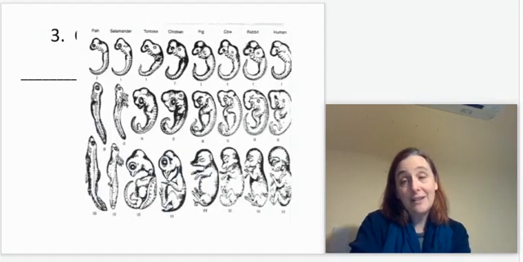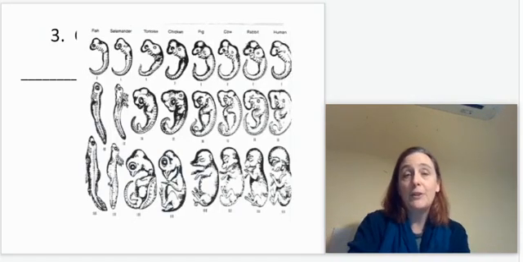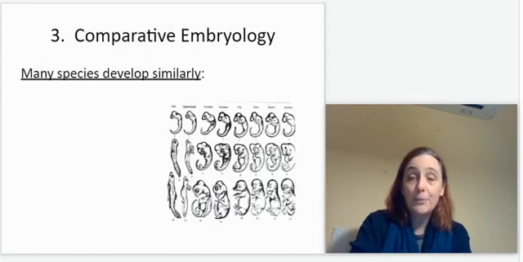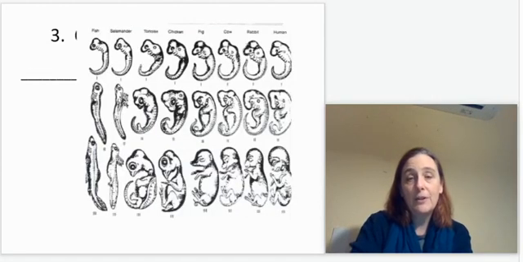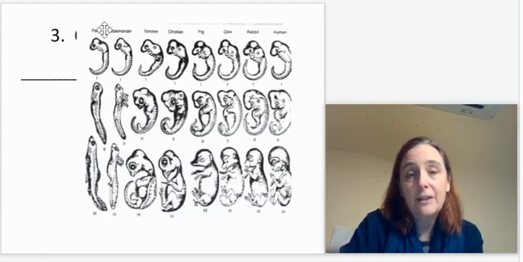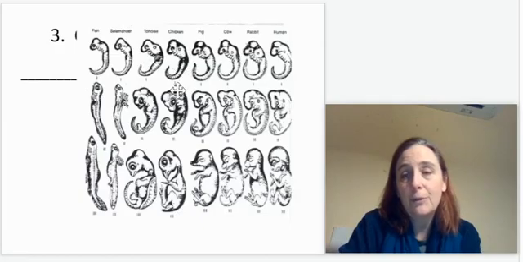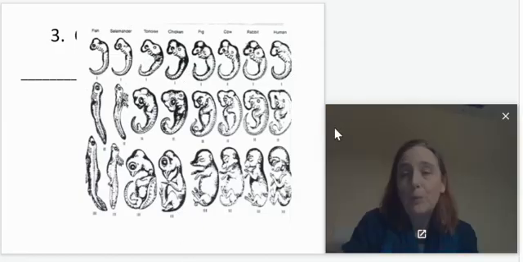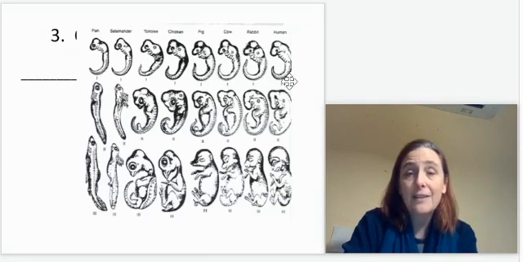The last group of evidence, so we had comparative anatomy, and we have comparative biochemistry. We also have comparative embryology. And I just put in here a picture of various embryos, and you can see how similar they are. If you take a look, you have the fish and the salamander. I can't tell the difference between a chicken and a human embryo at this early stage. We have gills, as I talked about in the past.